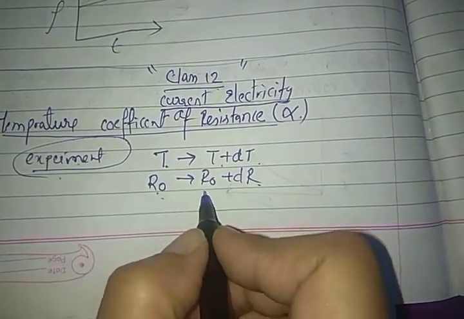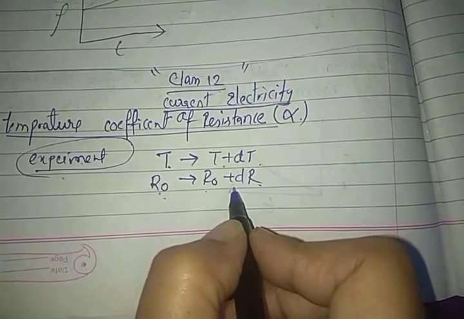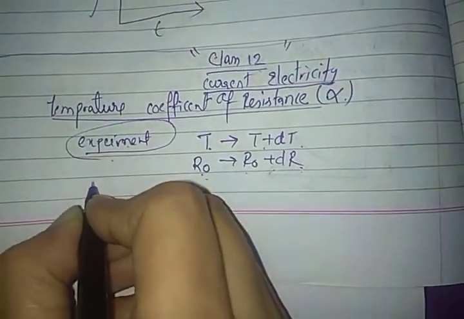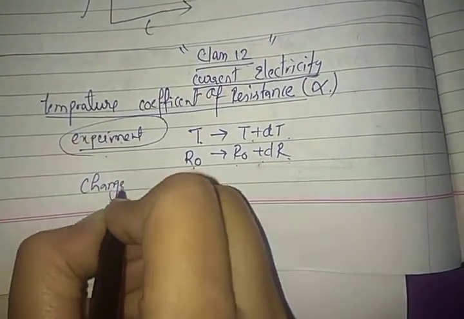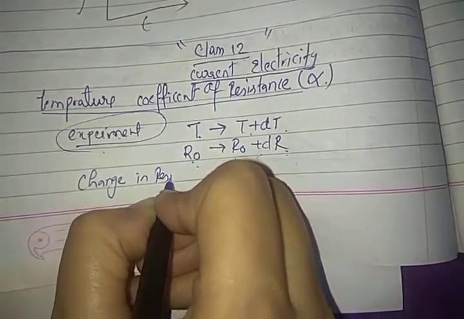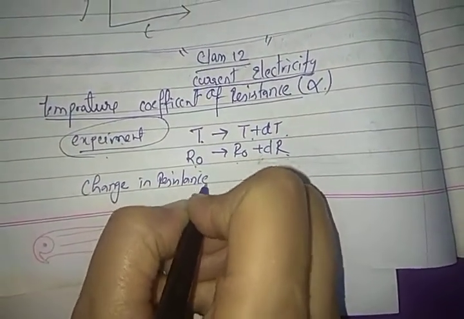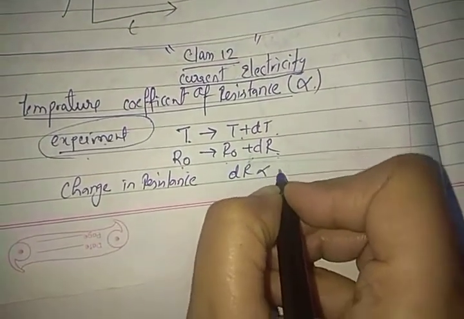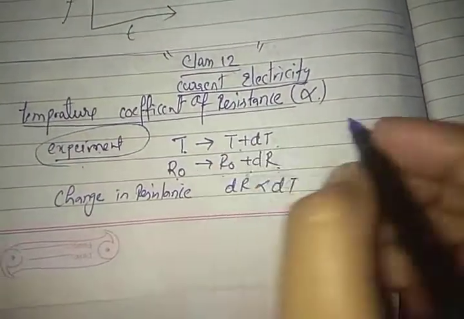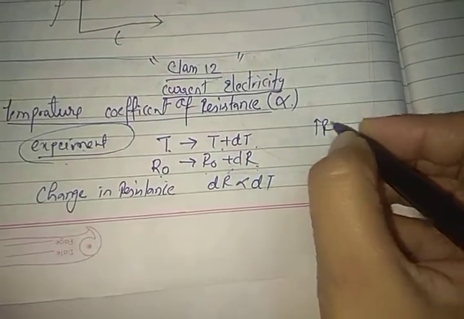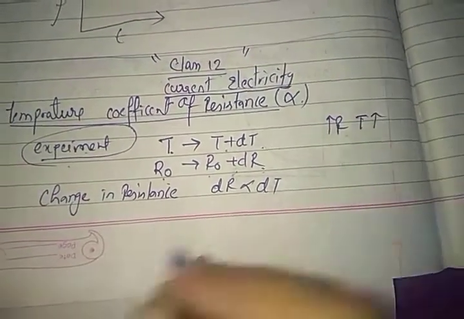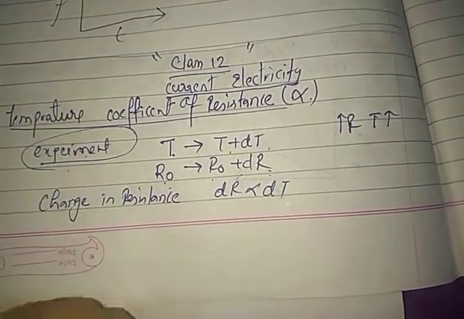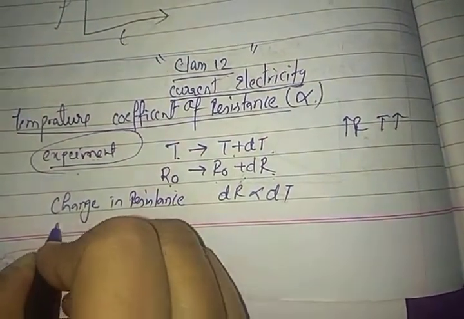Resistance was R0, then it turned to R0 plus dR. Now the change in resistance is directly proportional to the change in temperature, that is dR is proportional to dT. The more you increase the temperature, the more the resistance changes. We did this in the previous derivation.